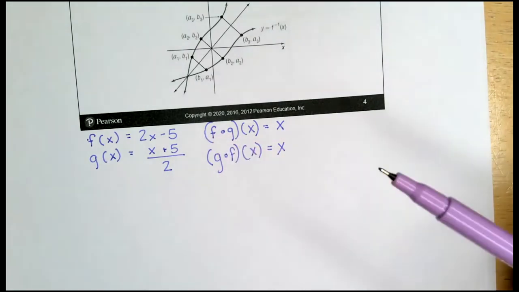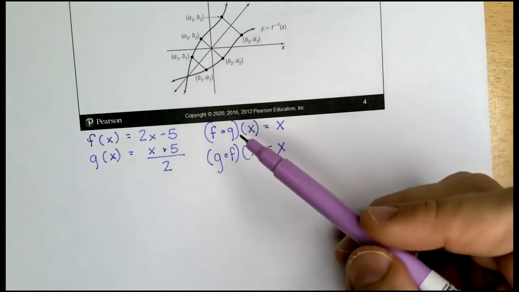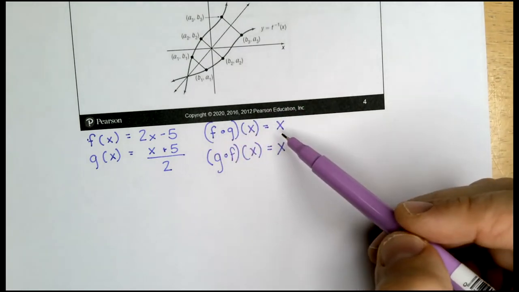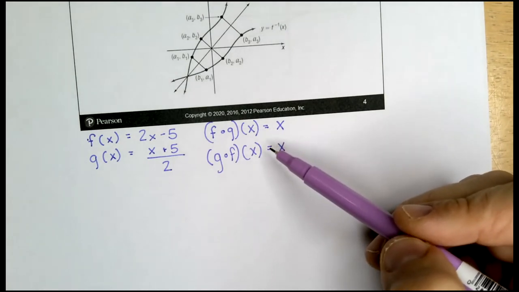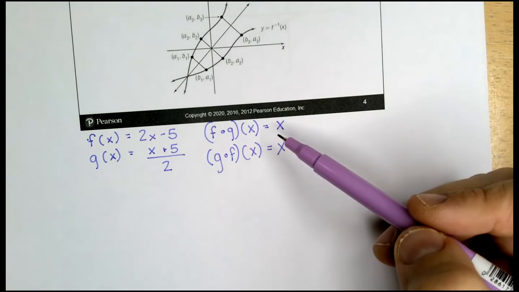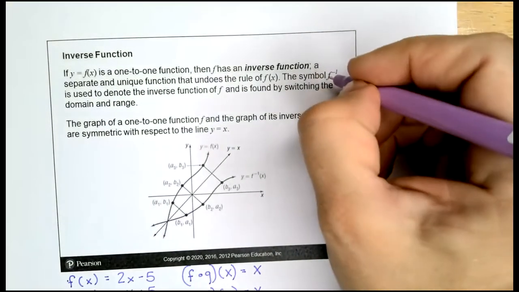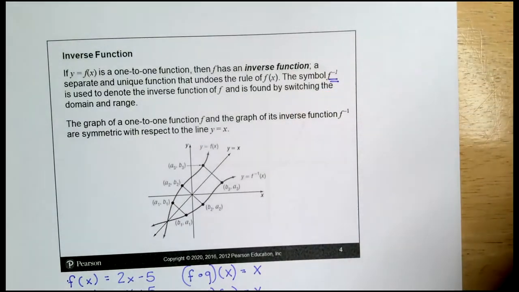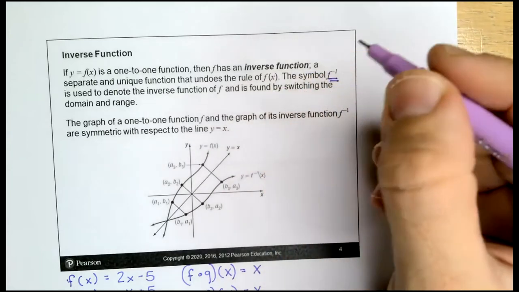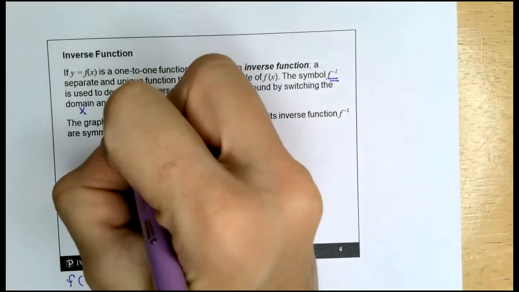So the test you can do to determine if two functions are inverse is to input them into each other and see if you can come out with simply the variable, okay? So when we have an inverse function, the symbol f inverse is used to denote the inverse of f and is found by switching the domain and range. Remember, domain is x, range is y.